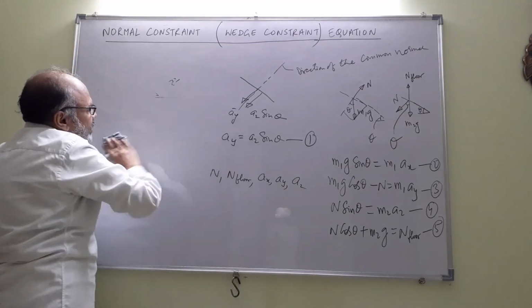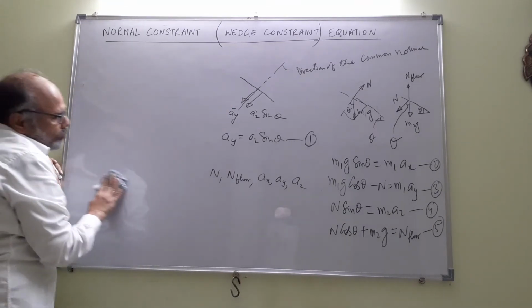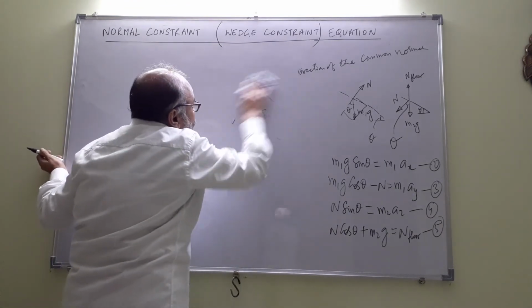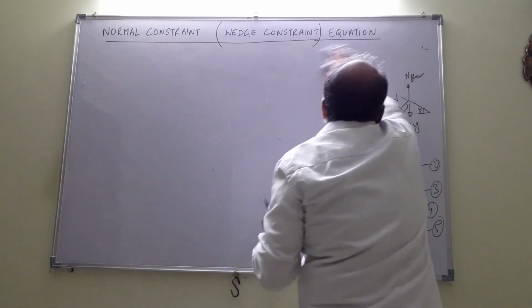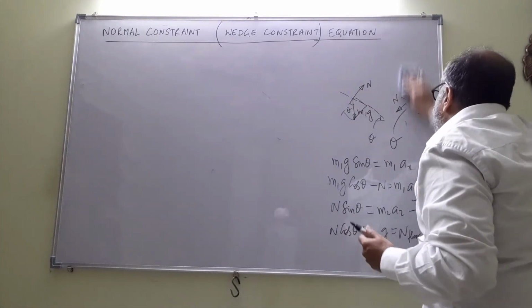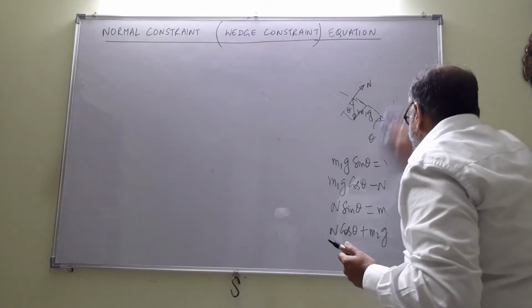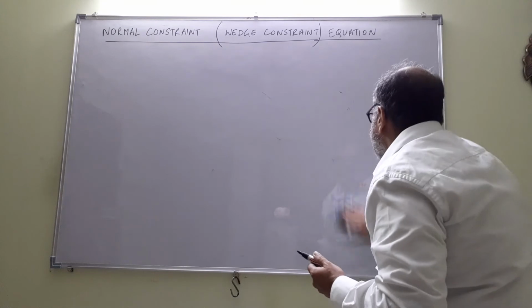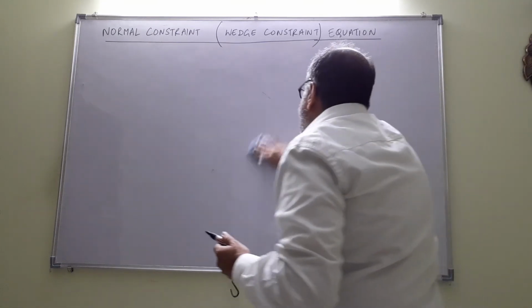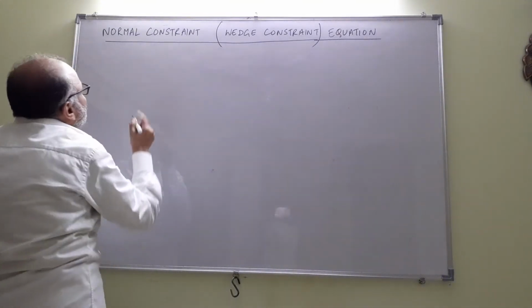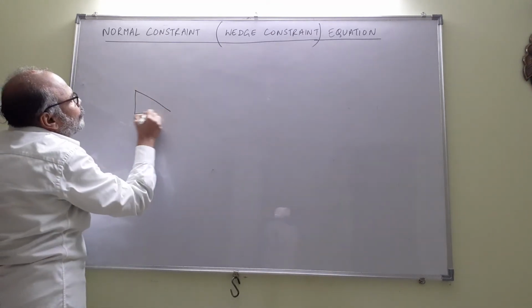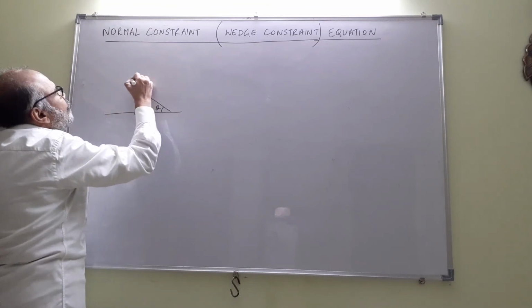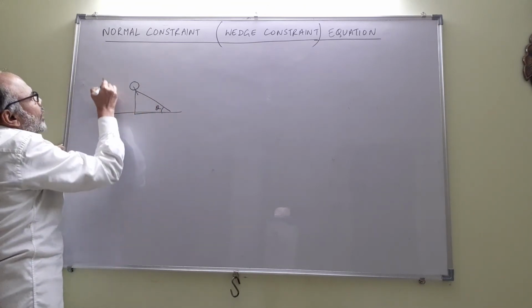Let us take up another example, this time involving a string. Supposing we have a mobile incline of angle theta, and let us say it has a pulley here, and here you have the wall.